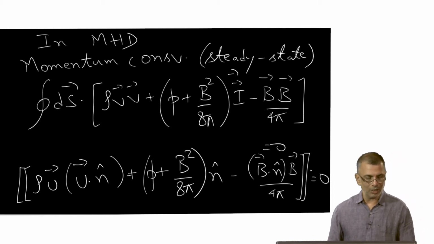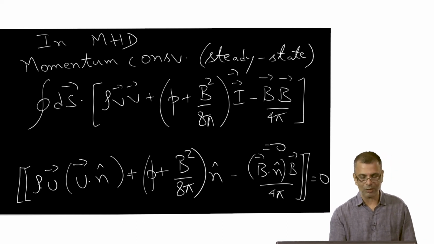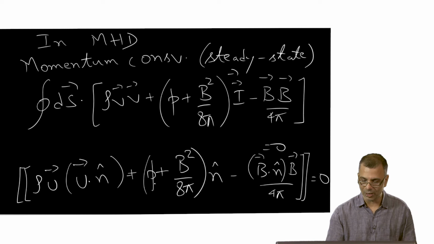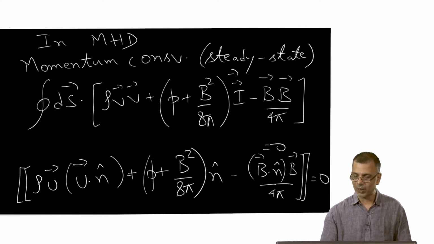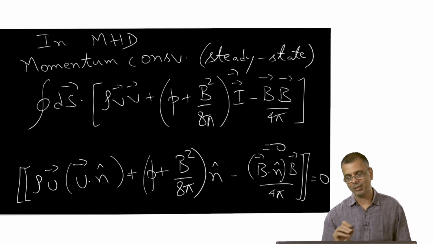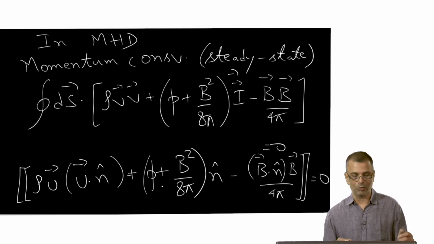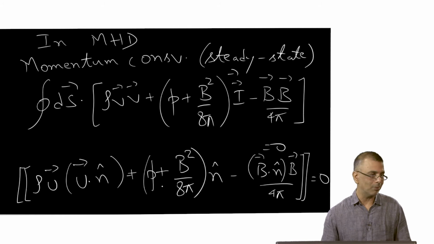So as you can see, it's a little more complicated, but you can see the same things. You can see the rho u squared, you can see the p, except now you've got a B squared over 8 pi and you've got this magnetic tension. These are the two pieces that are new in the momentum conservation for MHD.